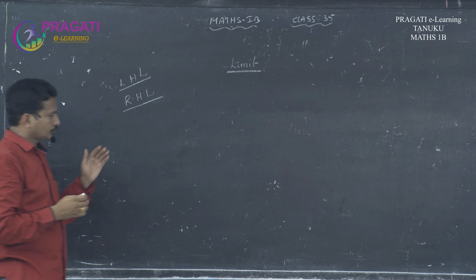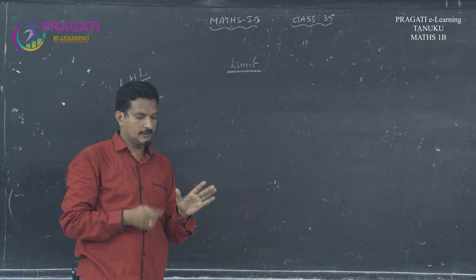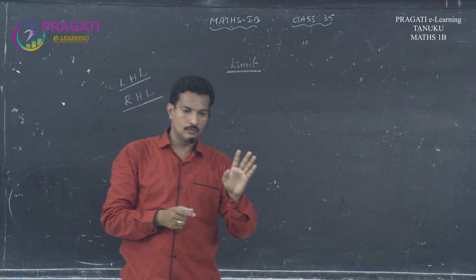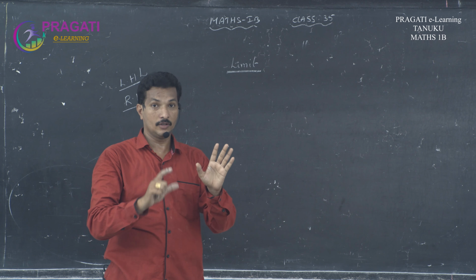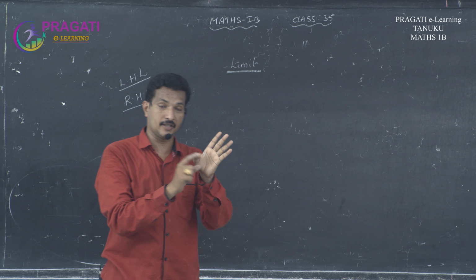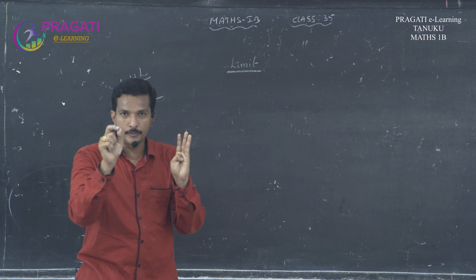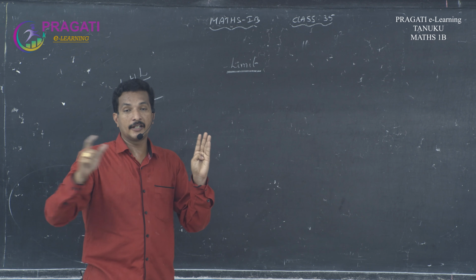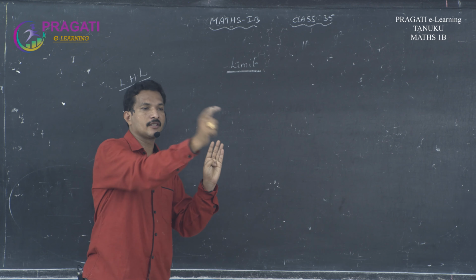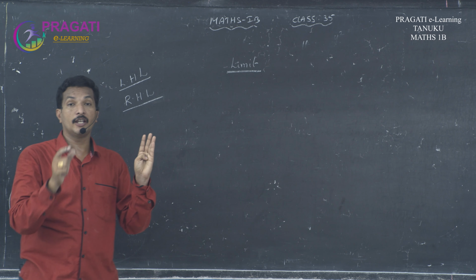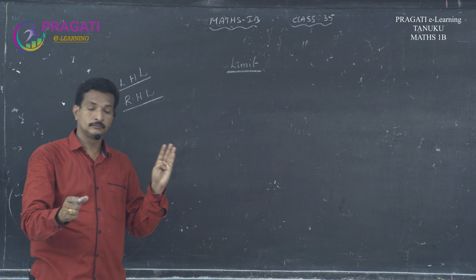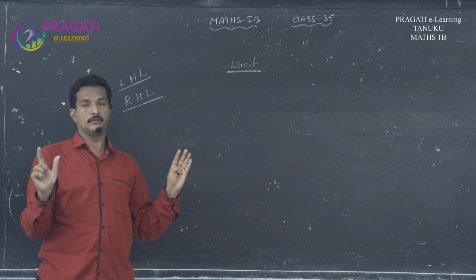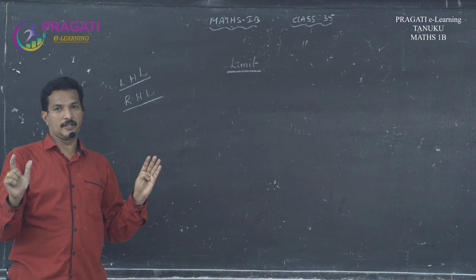Here limits are divided into 5 categories. The first one is the direct substitution method. Directly put x equal to a, substitute in the equation, then we get a number, and that is the limit.